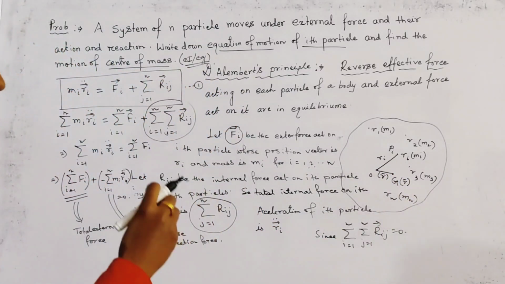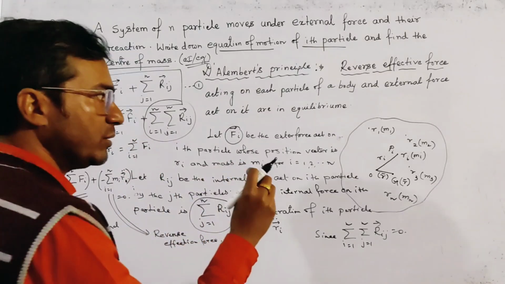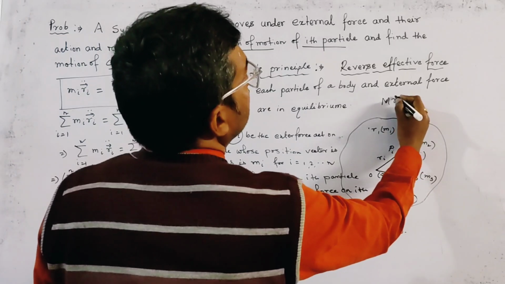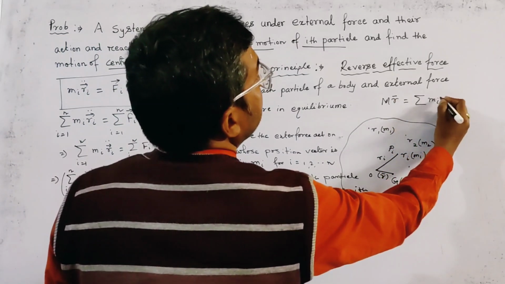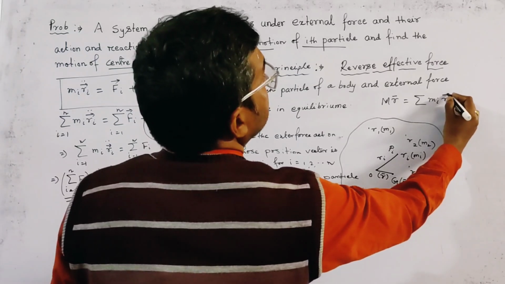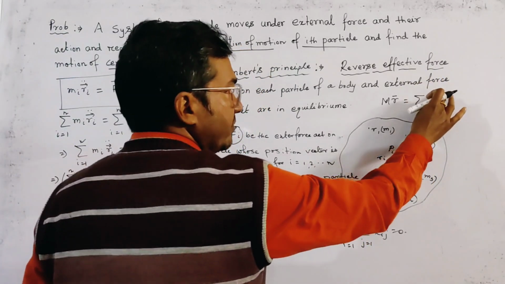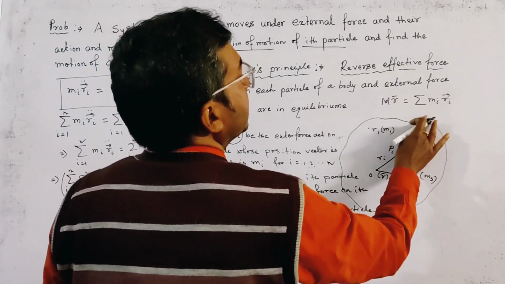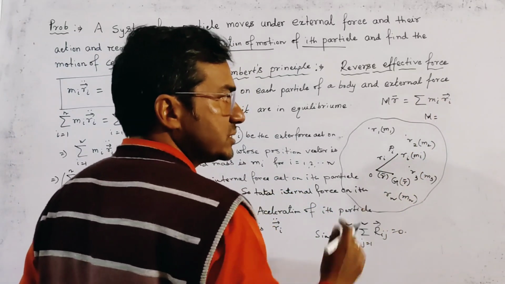and from the definition of center of mass, we write that capital M into r bar is equal to summation mi ri vector, where capital M is the total mass of the system.